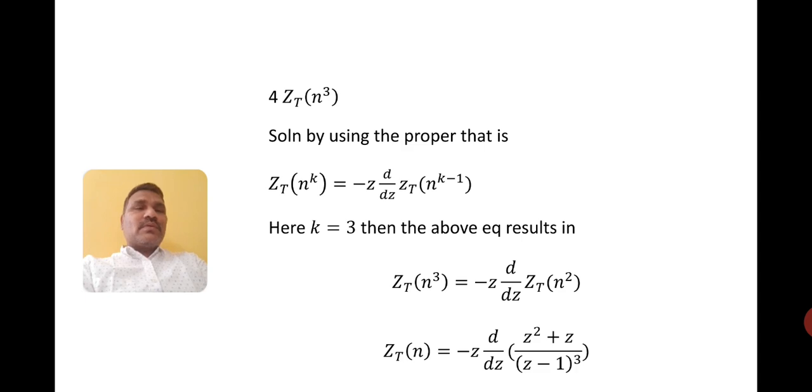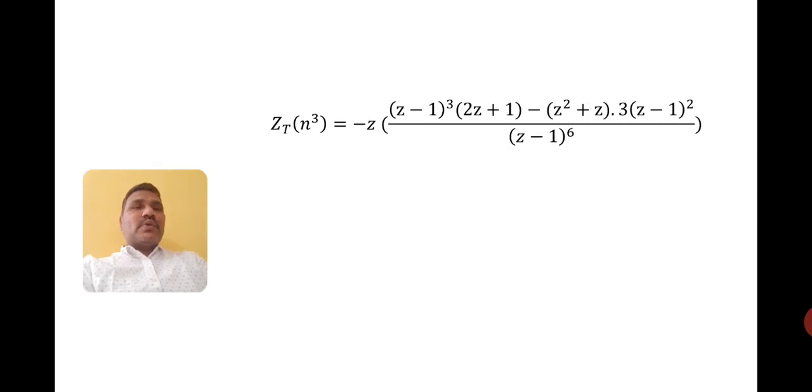The differentiation I am talking about is this one. Here the denominator part is z minus 1 whole to the power 3 and the numerator part is z square plus z. So z minus 1 whole to the power 3 first, times the differentiation of the numerator, 2z plus 1, minus z square plus z times 3 into z minus 1 whole square. The common thing you will see is z minus 1 whole to the power 2.